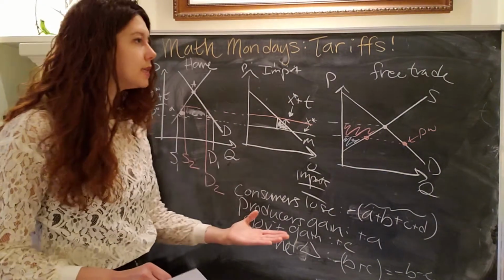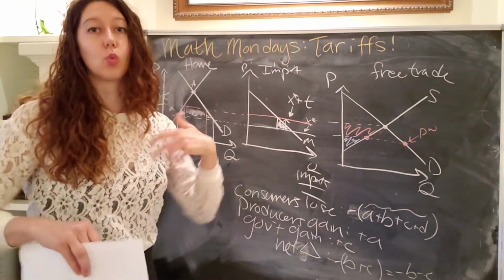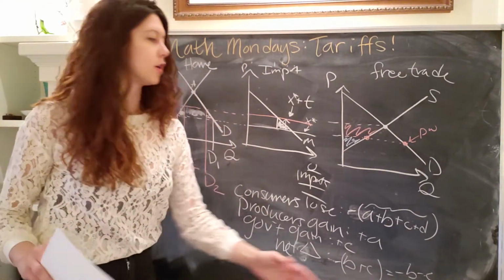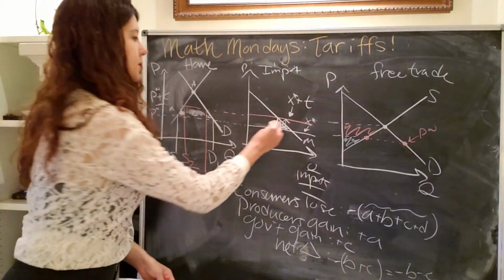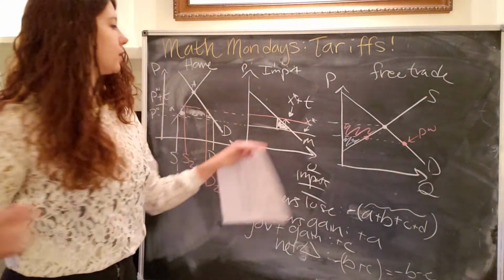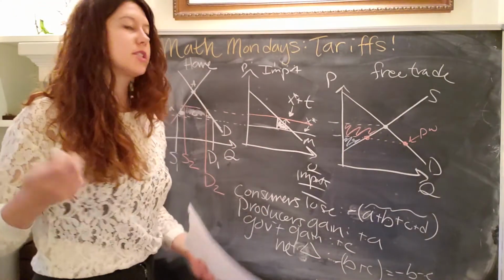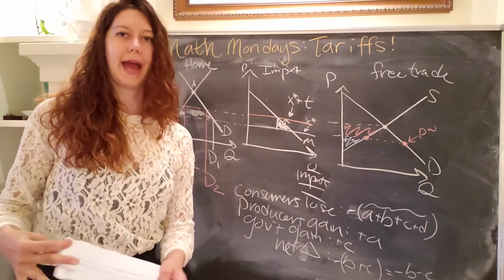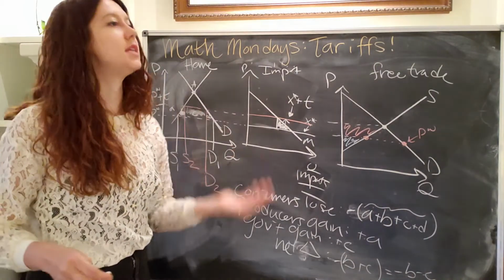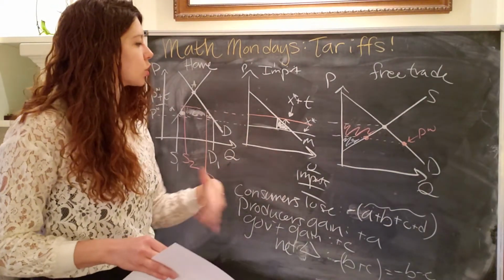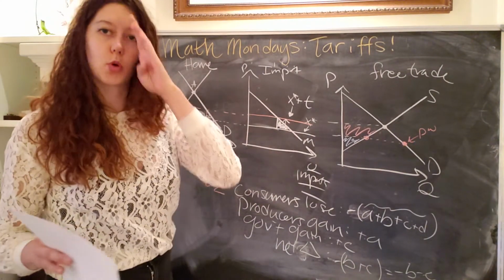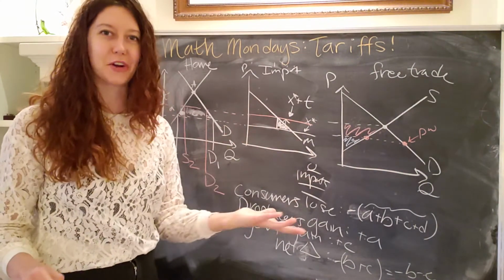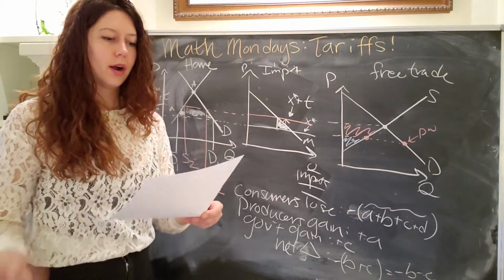What this means is that people are actually worse off because we have fewer dollars in the economy. How many fewer dollars? Well, this area right here. If you were to actually put specific numbers on this, you could calculate exactly how much the economy would decrease given a certain population and a certain price point for a particular good. With, of course, the tariff, you would also need that as well.